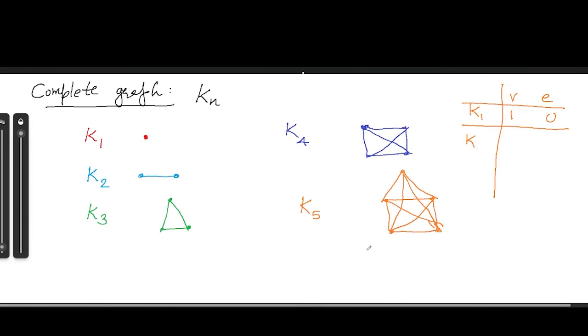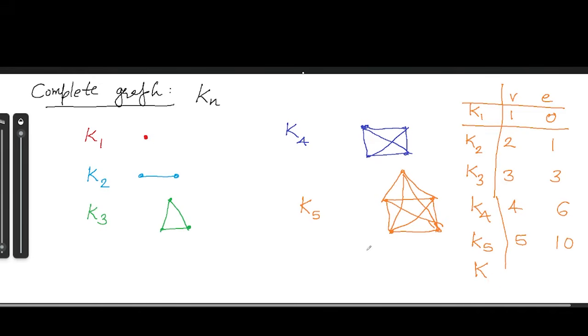And in K2, number of vertices is 2 and number of edges 1. And in K3, number of vertices 3, number of edges 3. In K4, number of vertices 4 and number of edges 6. And in K5, number of vertices 5 and number of edges 10.